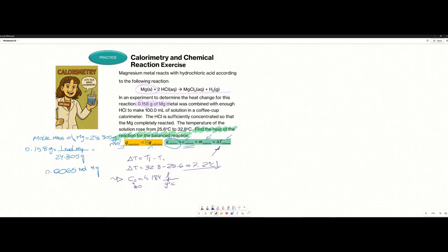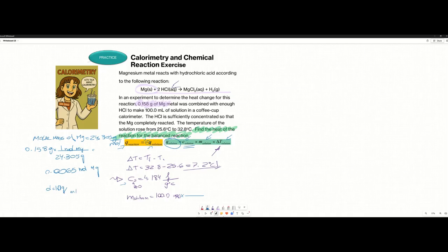So in here, I need the mass. So the mass of the solution will be the mass of the hydrochloric acid. It's aqueous, right? So hydrochloric acid, it's just 100 here, okay. And I know the density. I'm gonna use all the information for water, the specific heat and the density, 1.0 gram per milliliter.